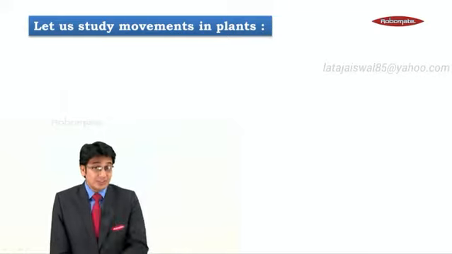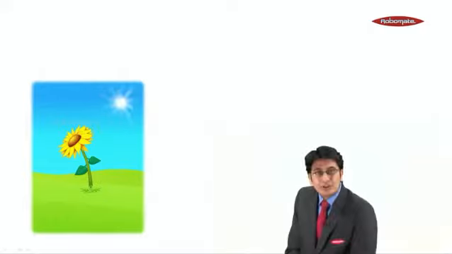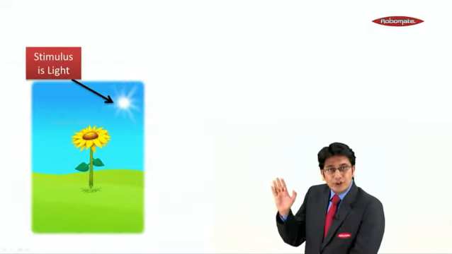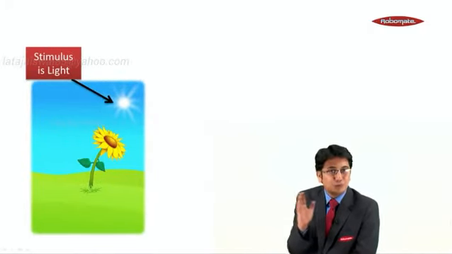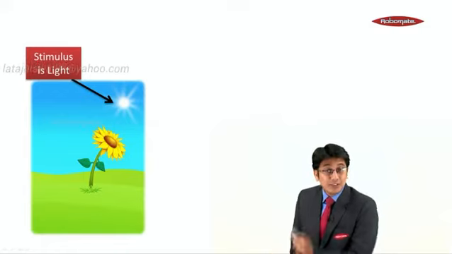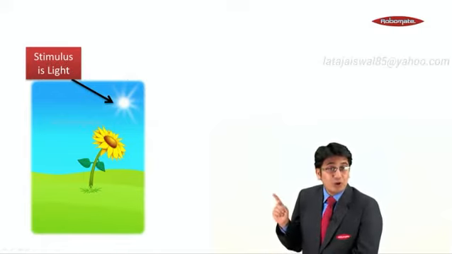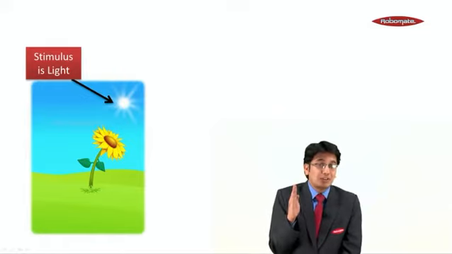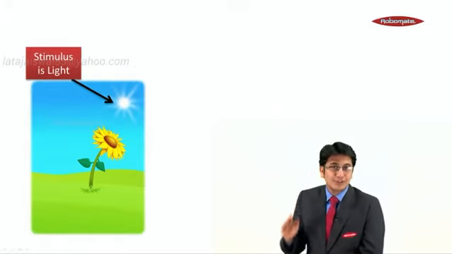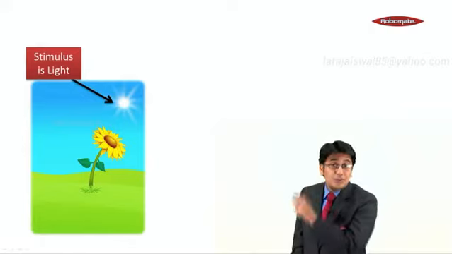To understand this, let me show you this. Wow! To the movement of the sun, the plant moves. Here the stimulus is light, and the response is the movement of the plant. So a plant moves in response to the stimulus.